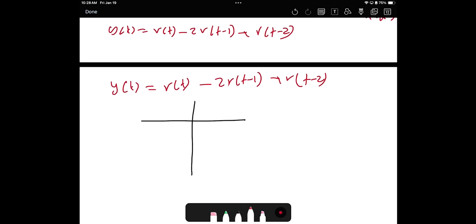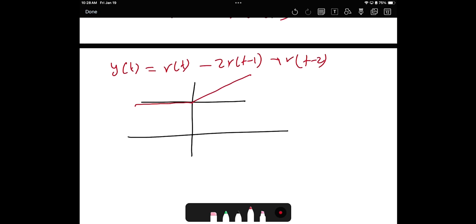So R of t will continue like this. Minus 2 R of t minus 1. Let me put a different color. So here is 1, t equal 1.